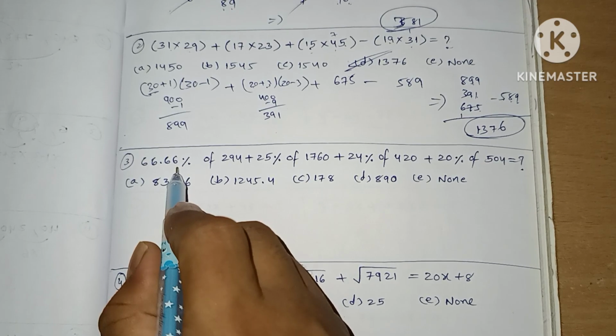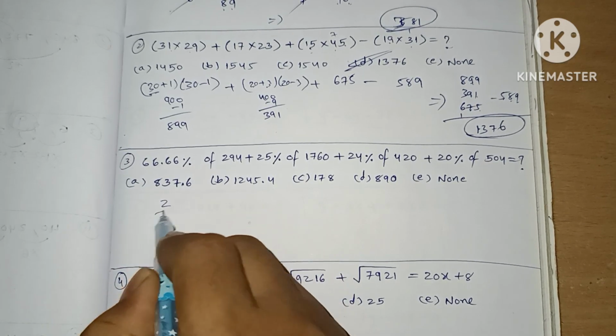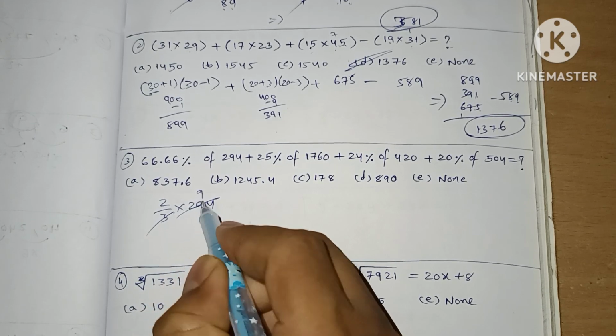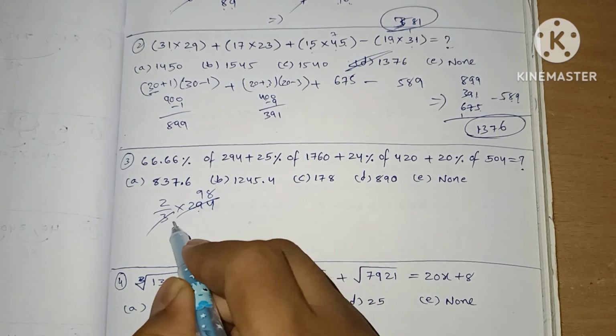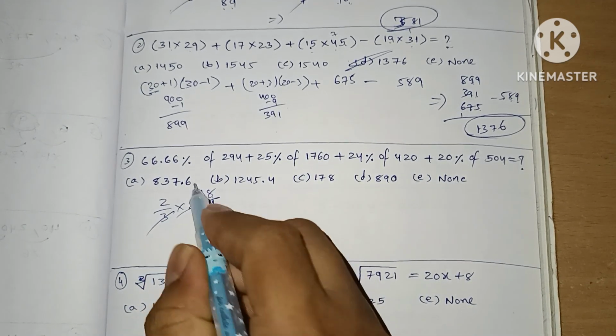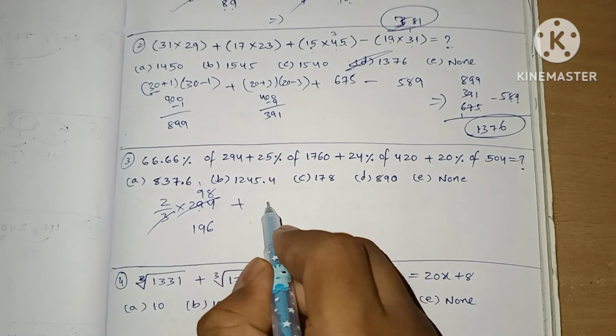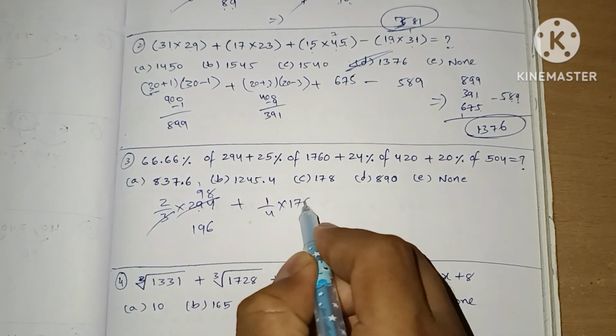6.66 percentage. The fraction value of this one is 2/3 of 294. 3 9 times is 27, 3 8 times is 24. This will be 196, plus 25% is nothing but 1/4 of 1760.